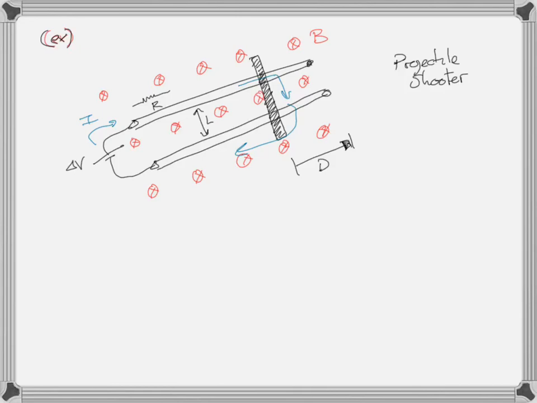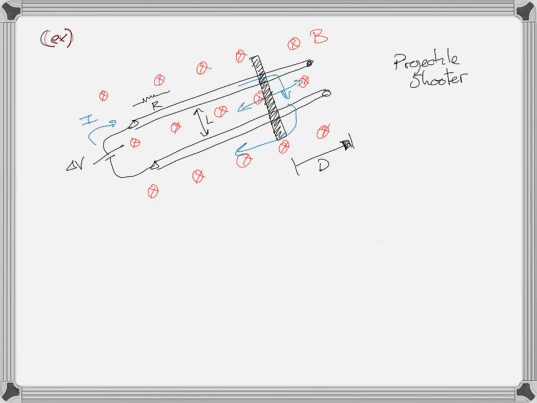So the current goes through that. There's a current going through the movable metal bar, the black one, and that current, which is in the magnetic field, feels a magnetic force, and therefore can go either that way or that way.